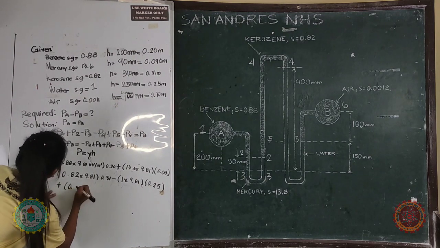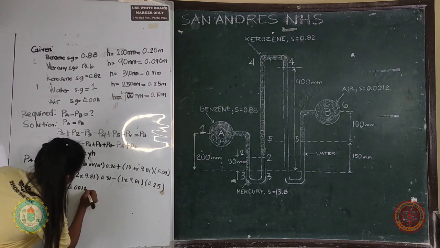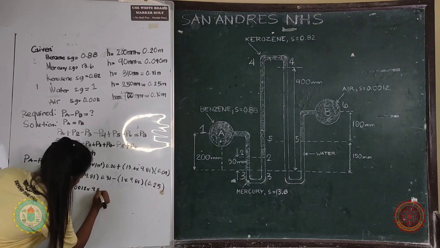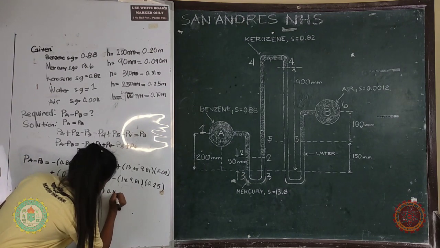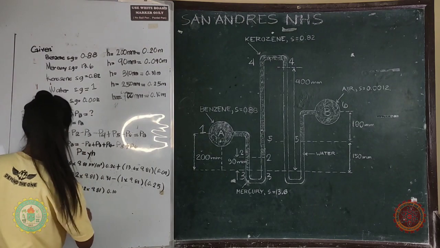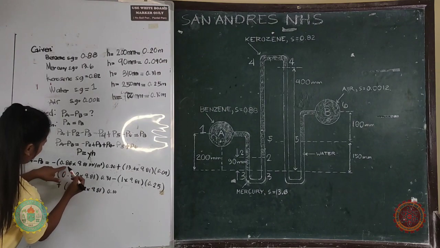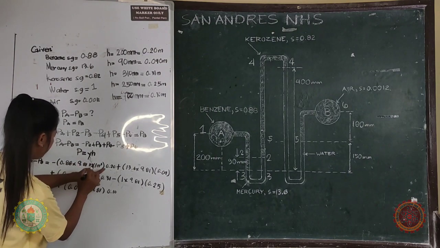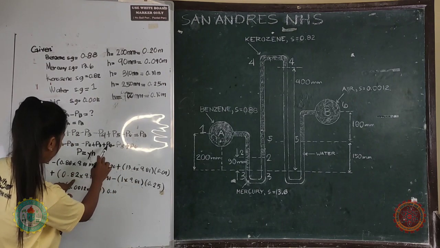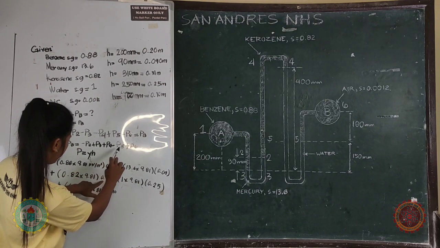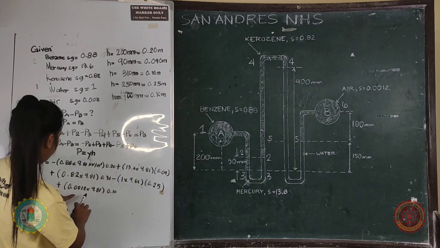Specific gravity of 0.0012 times 9.81 times its height of 0.10. So, that is all. Let's check: P2, negative. P3, positive. P4, positive. P5 is negative. Then P6 is positive.